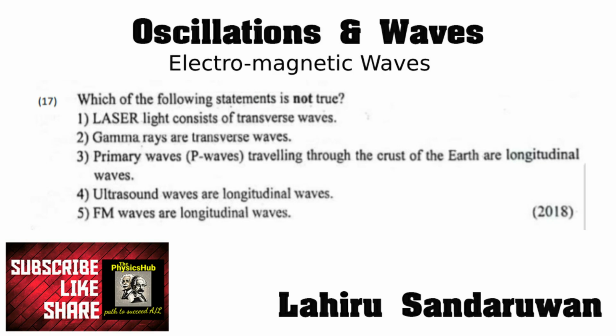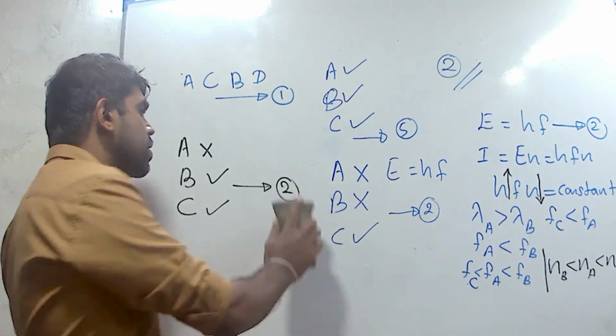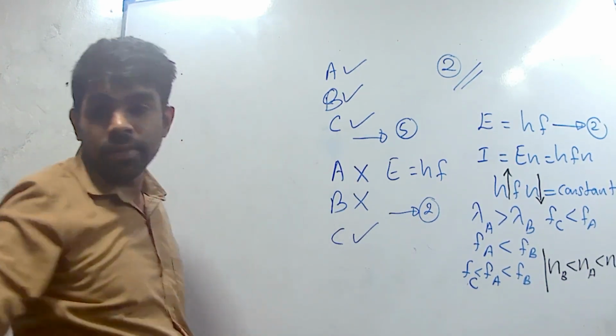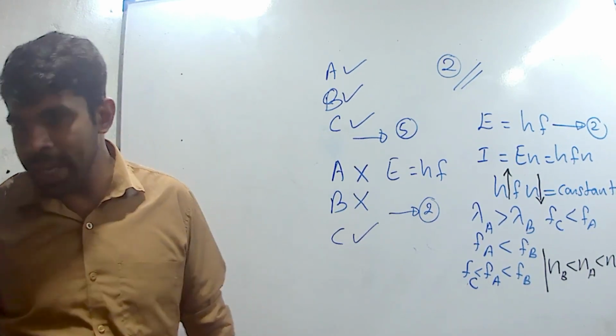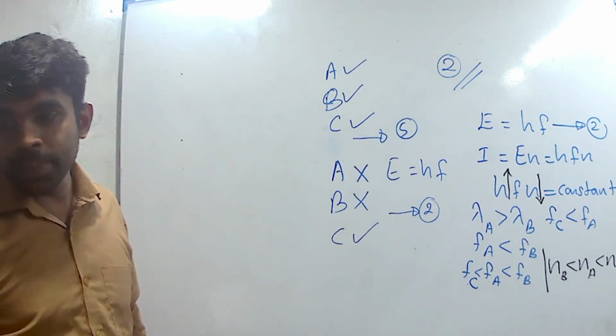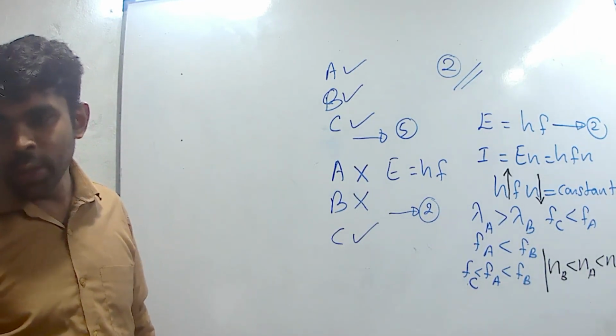Which of the following statements is not true? Laser light consists of transverse waves. Yes, it is correct. Second one, gamma rays are transverse waves. Yes, it is also correct. Third one, primary waves, P waves traveling through the crust of the earth, are longitude waves.